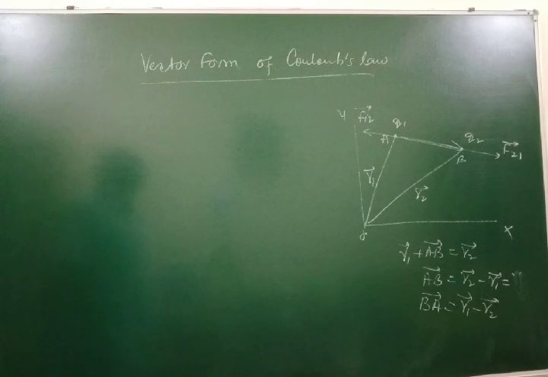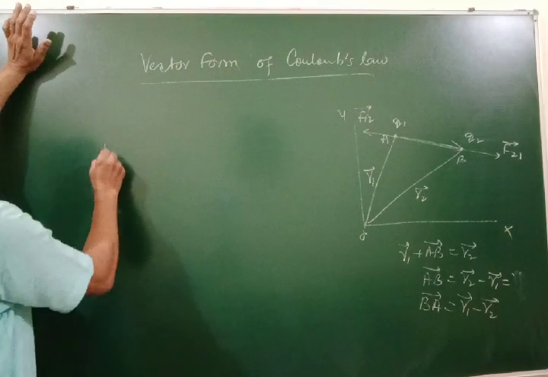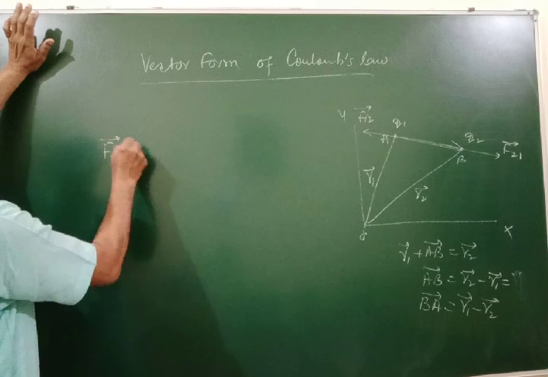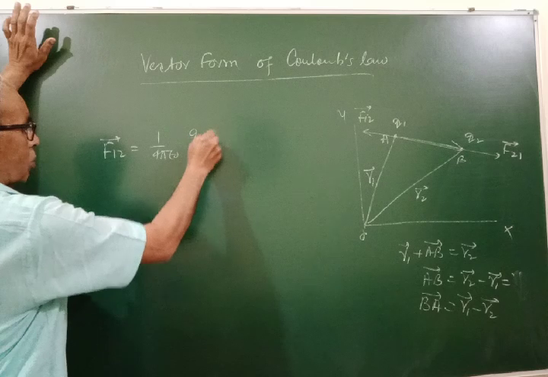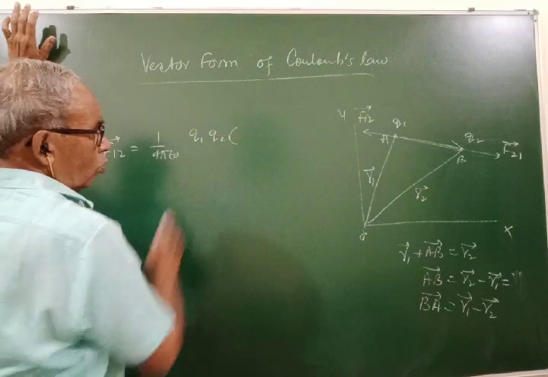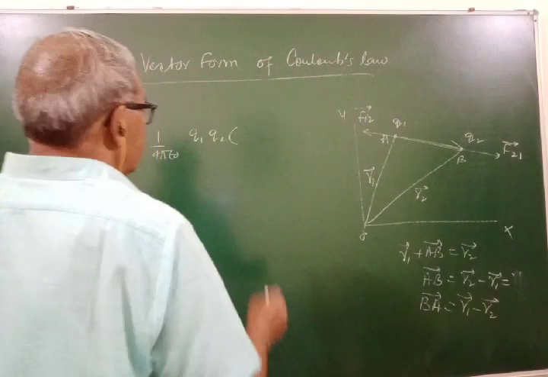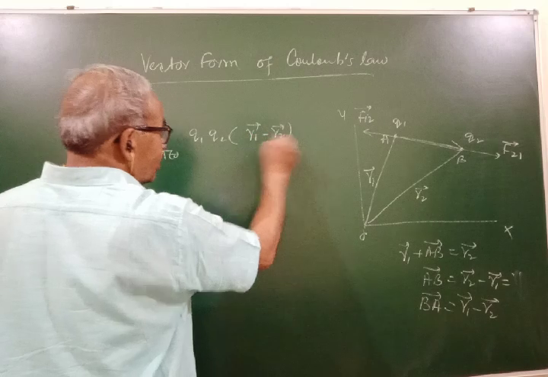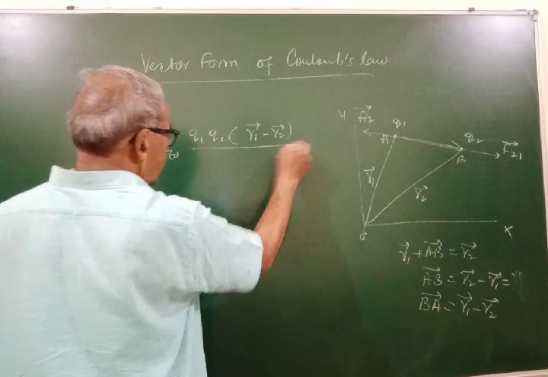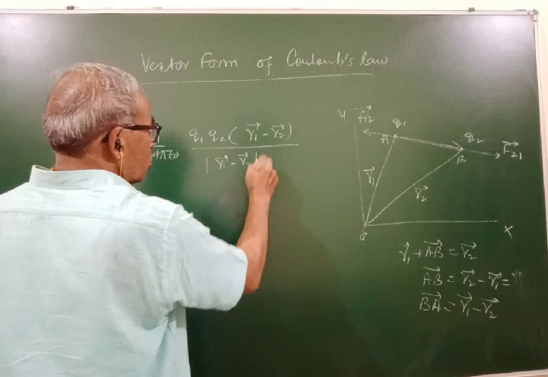And therefore, force acting on charge Q1 due to Q2 according to Coulomb's law, F12 is equal to 1 upon 4 pi epsilon 0 Q1 Q2 into the BA direction, that is r1 minus r2. This tells the direction of this force, upon modulus r1 minus r2 cube.